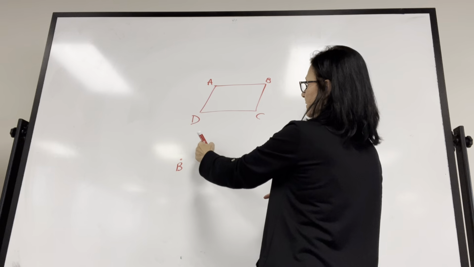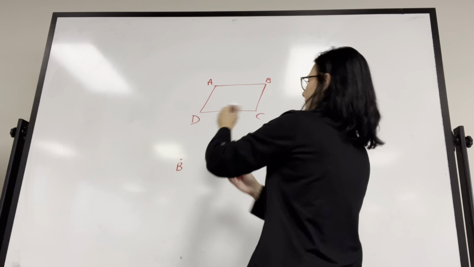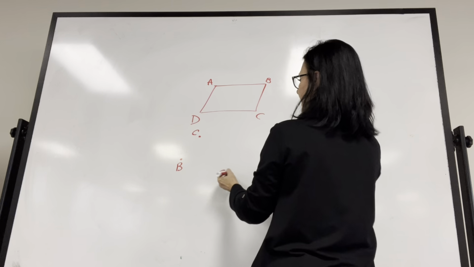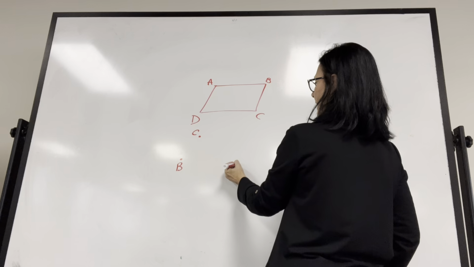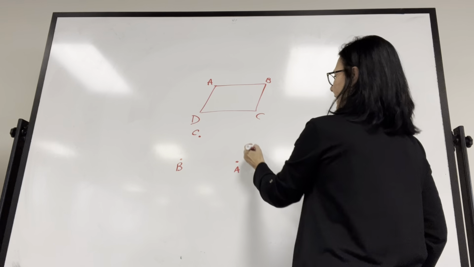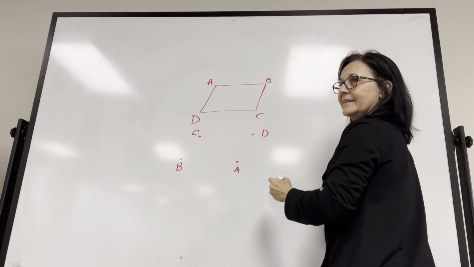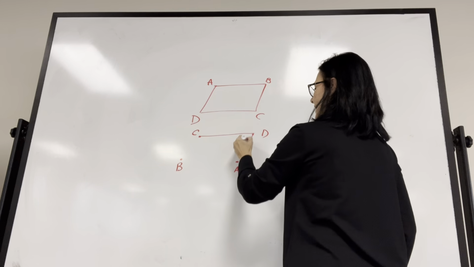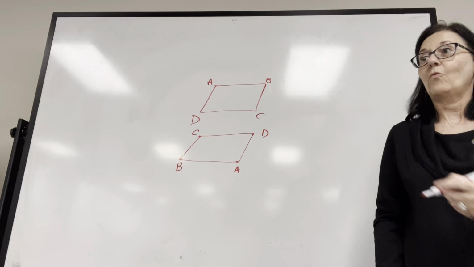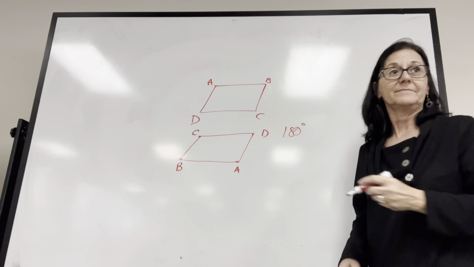What goes here? C, which is further in. C goes here. What goes here? A goes there. And so D goes, it's further out. Yep, right? It has rotation symmetry. Through how many degrees? 180 degrees.